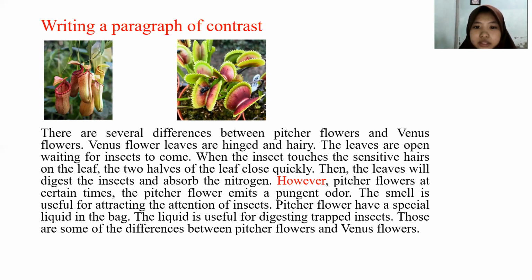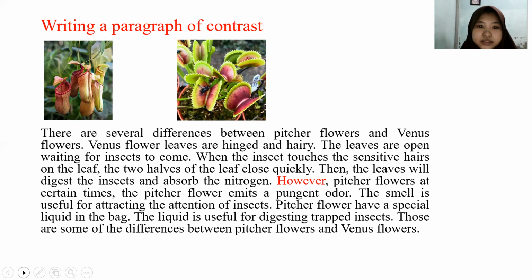Then the leaves will digest the insects and absorb the nitrogen. However, at certain times, the pitcher flower emits a pungent odor. The smell is useful for attracting the attention of insects. Pitcher flowers have a special liquid in the bottom. The liquid is useful for digesting trapped insects. Those are some of the differences between pitcher flowers and Venus flowers.